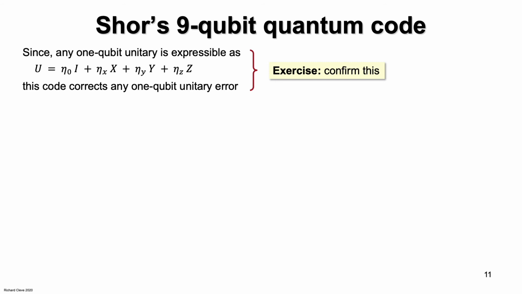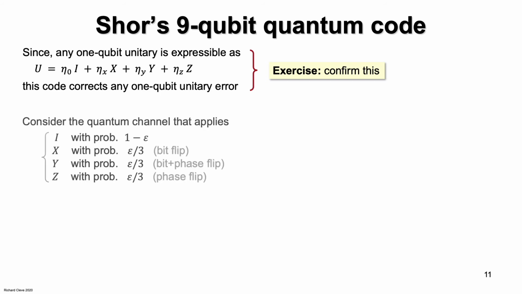Our discussion of classical error correcting codes was based on the binary symmetric channel, for which any bit that passes through it flips with probability epsilon. Here's a quantum analog of that channel. A qubit can be flipped in more than one way. An X error is a bit flip. A Z error is a phase flip.